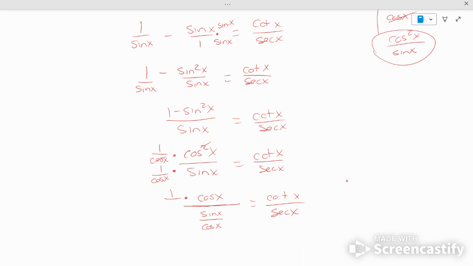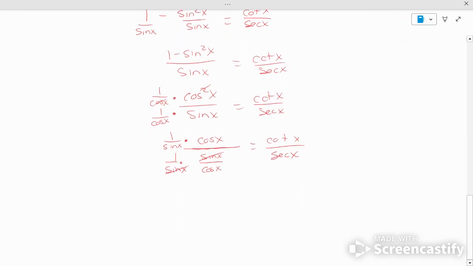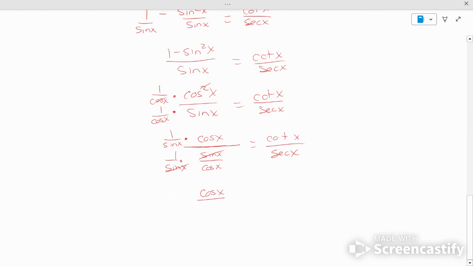Because cotangent is cosine over sine. So if I multiply the top by 1 over sine of x, and the bottom by 1 over sine of x, these cancel. So I get cosine of x over sine of x over 1 over cosine of x, which is cotangent of x over secant of x.